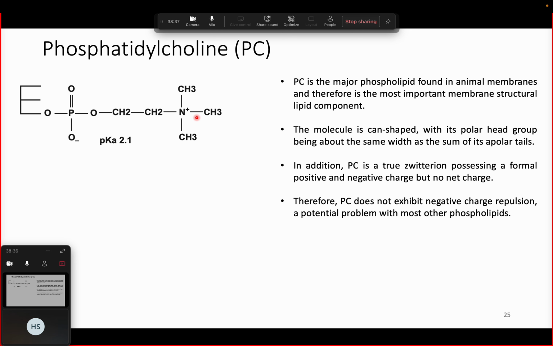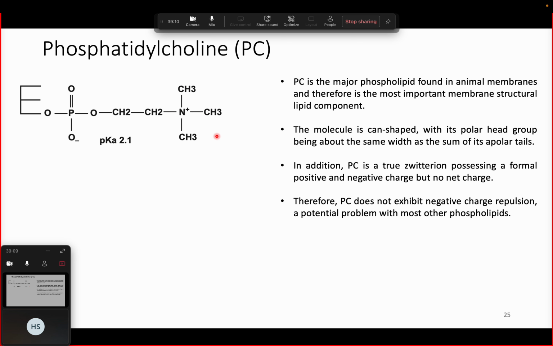The next lipid which we are going to talk about today, these are very generic descriptions about these lipids, because I want you guys to know what the different types of phospholipids present are and how they vary from each other. So if we talk about phosphatidylcholine, that is PC in short, you can see the alcoholic group attached, the choline group, comprising basically of CH2, CH2N, and all the H of NH3 being replaced with CH3.